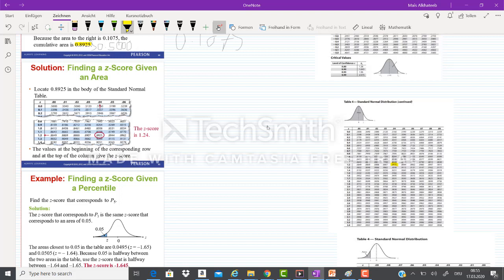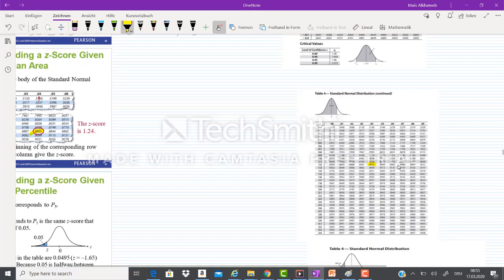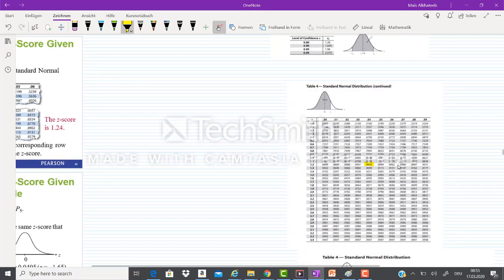You can find it in the slide too, but here I have the whole sheet, therefore I want to deal with it. Here, as we see, 0.8925.